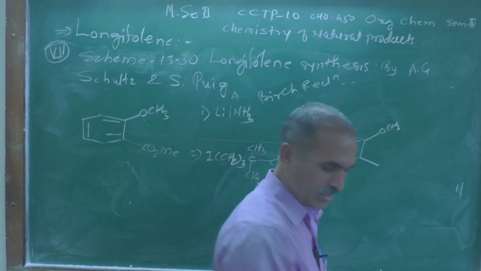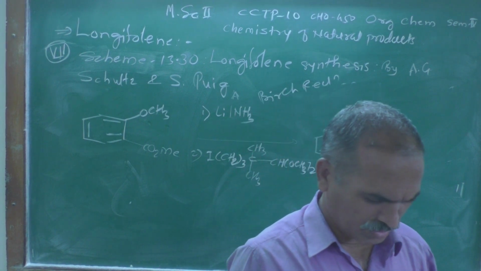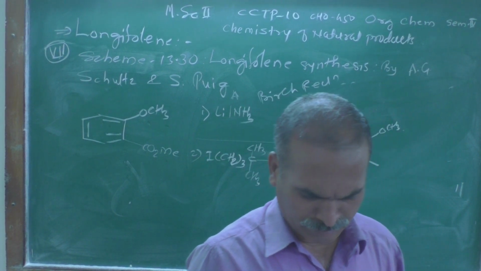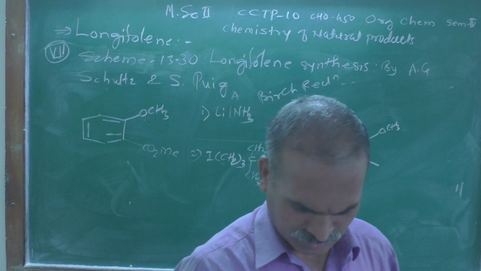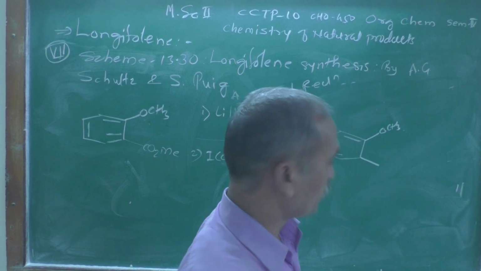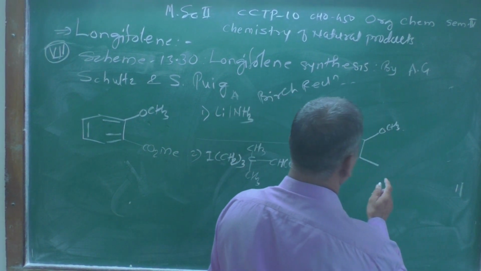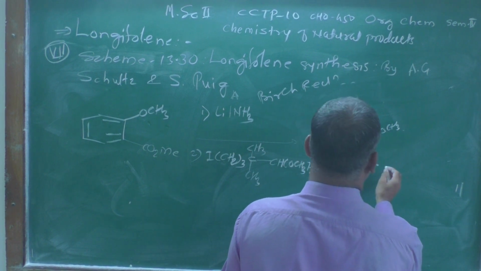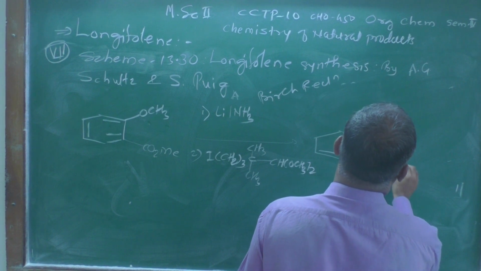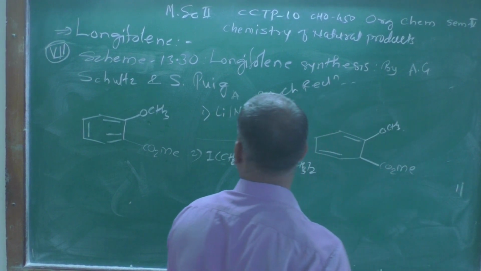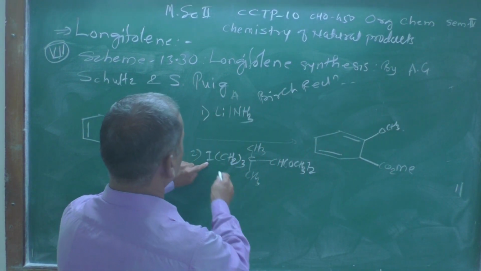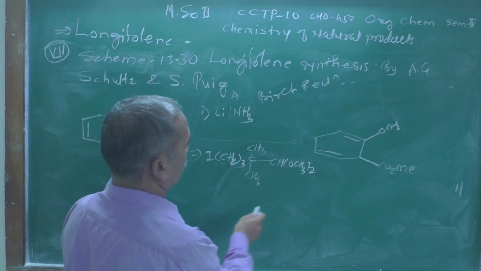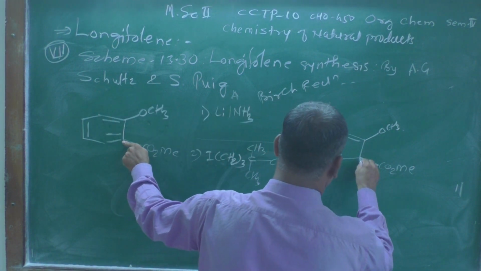Then here is the compound we are going to get, here the CO2Me, and now the iodine can be attached over there further.